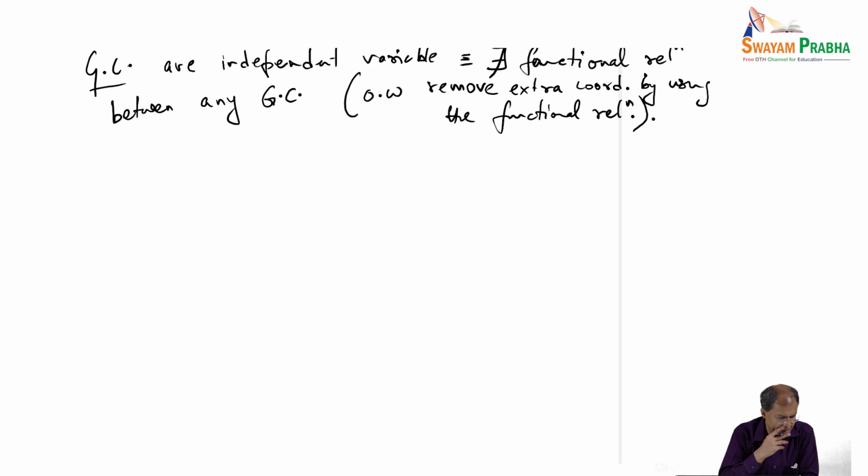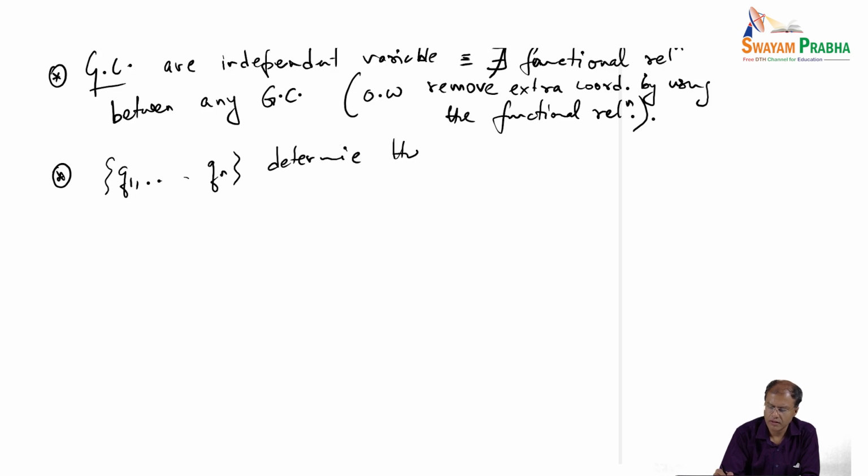Okay, so then the other case could be that the generalized coordinates q1, q2, ..., qn determine the configuration of the system S, right?